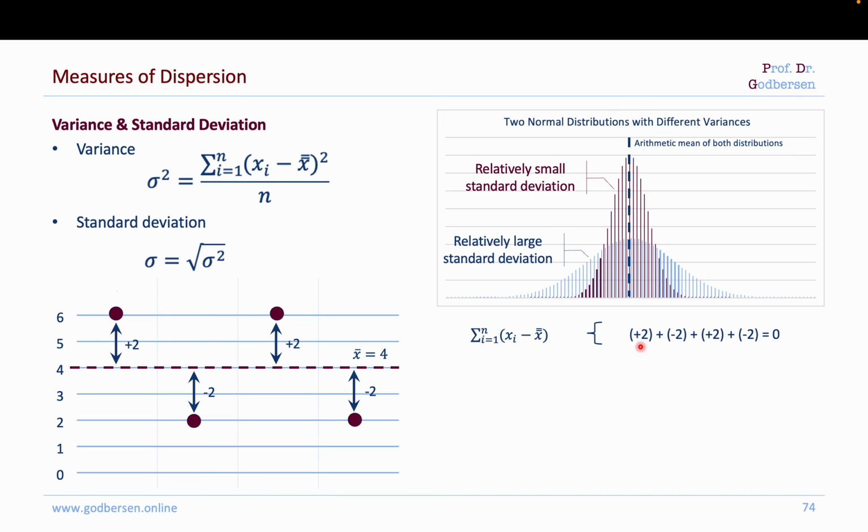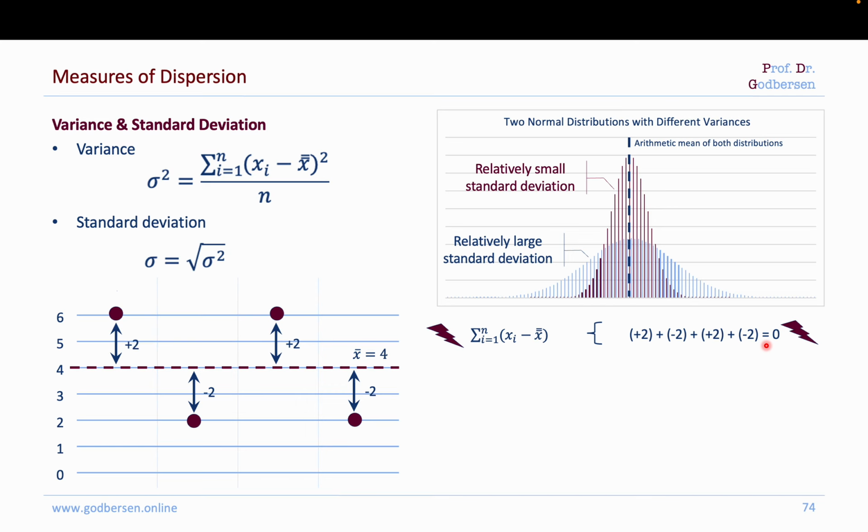If we do this here, we have plus 2, minus 2, plus 2, minus 2. And that comes to 0. Whatever numbers you have, this equation will always come to 0. Of course, the deviations above and below the arithmetic mean equal each other out. So this does not work.